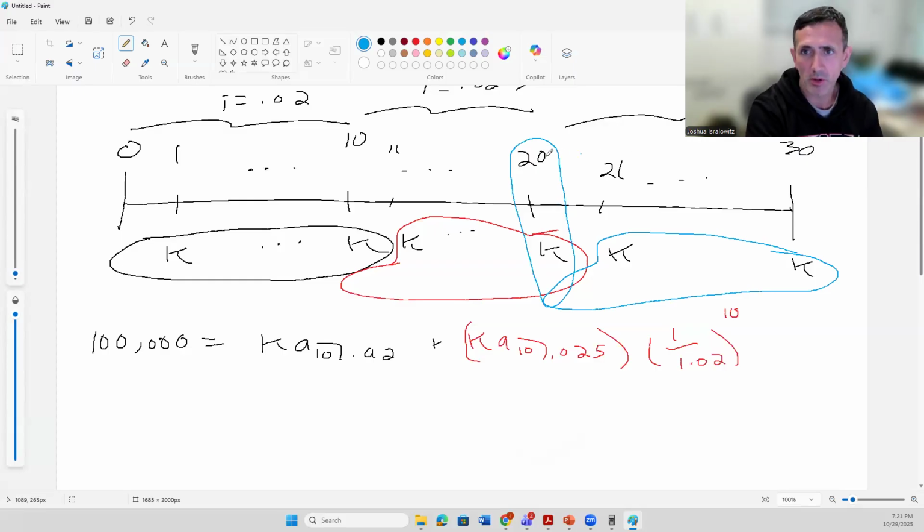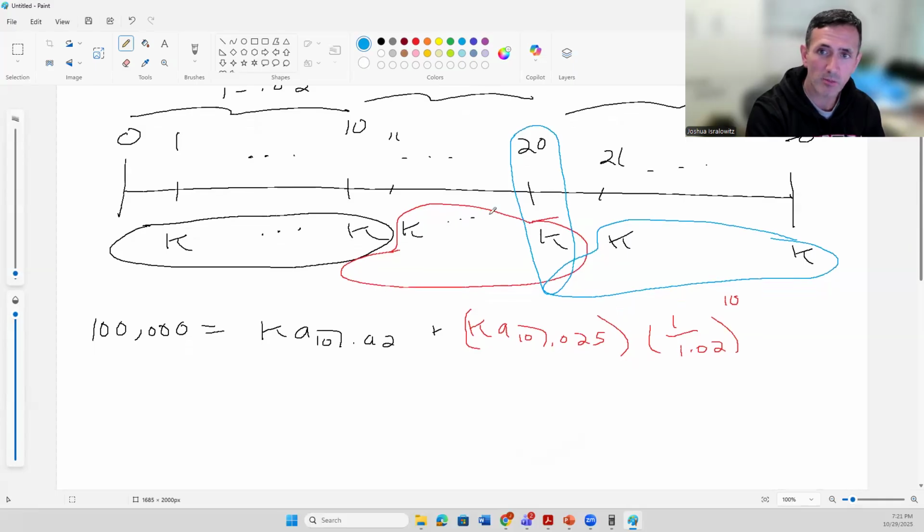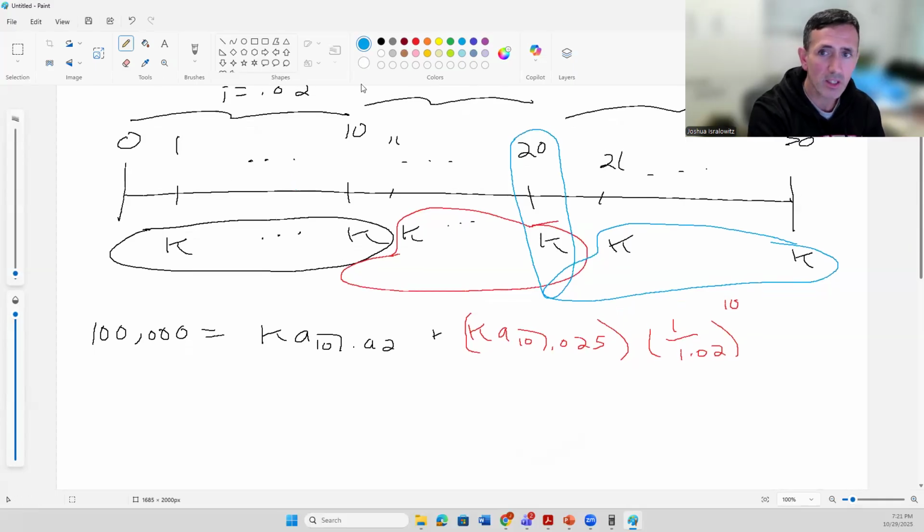The beginning of that first payment period for these last 10 payments is 20, because the first payment period is 20 to 21, with payments starting at the end of the first payment period. And I'll do this in blue, same thing, K a angle 10 at 3%.